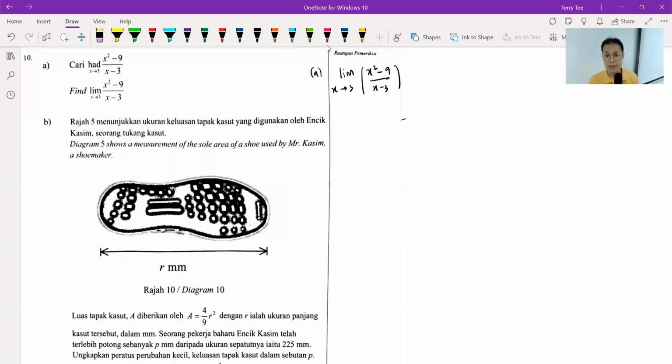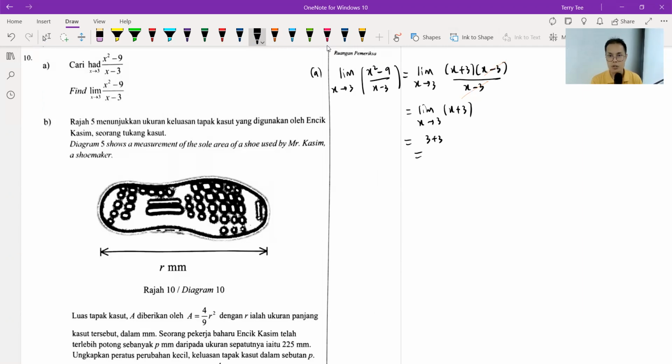We need to factorize top and bottom: x plus 3 times x minus 3, divided by x minus 3. Now I can cancel these two and I'm left with x plus 3. Substituting, I get 3 plus 3, which gives us 6. That's the first part.